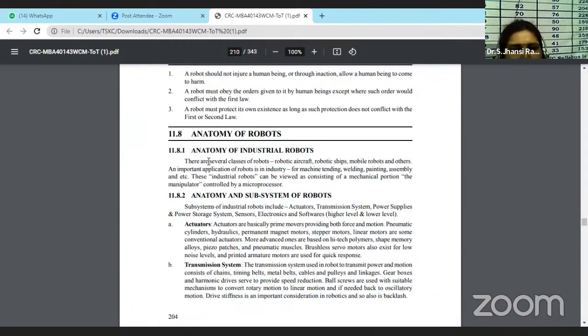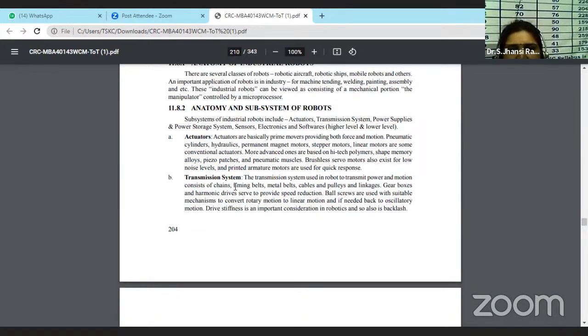Next, we have the anatomy of robots. Here, there are several classes of robots. We have robotic aircraft, robotic ships, mobile robots, and others. These are all being used for machine tending, welding, painting, assembly, etc. Industrial robots can be viewed as consisting of a mechanical portion that is controlled by a microprocessor.